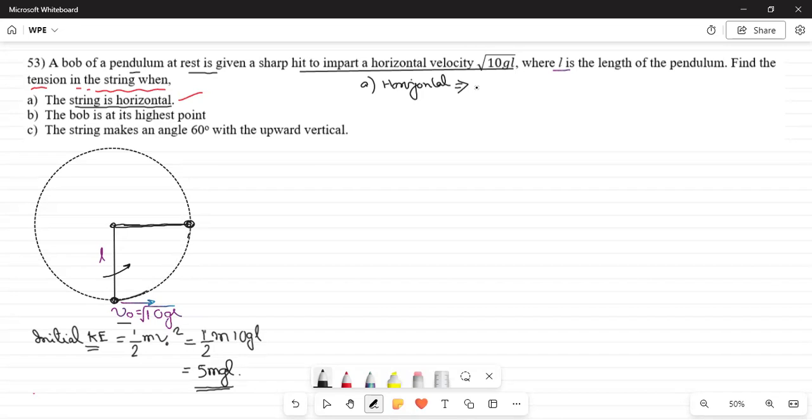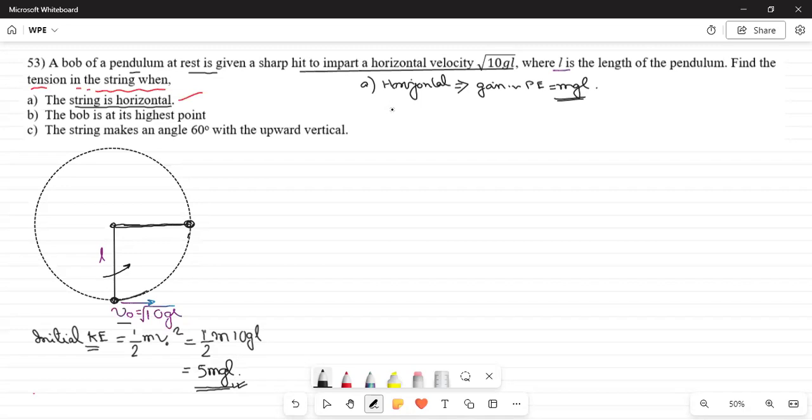So I write gain in potential energy is equal to mgL. Here you can cross check. To come to horizontal level, it needs to gain a potential energy of mgL, and it had an initial kinetic energy of 5 mgL. So definitely it will come to horizontal level because it needs much less energy.